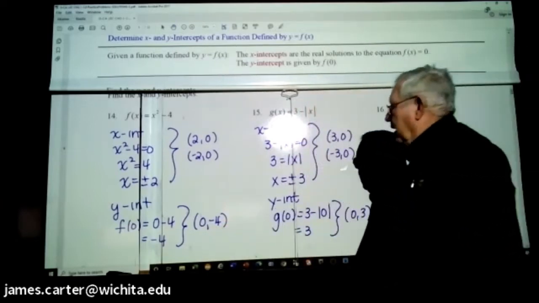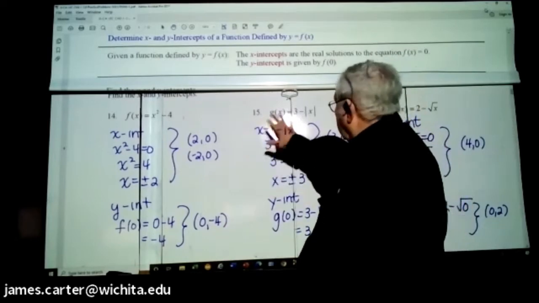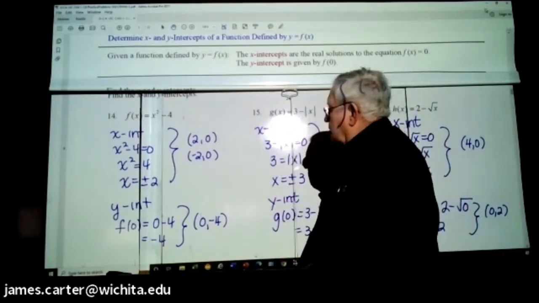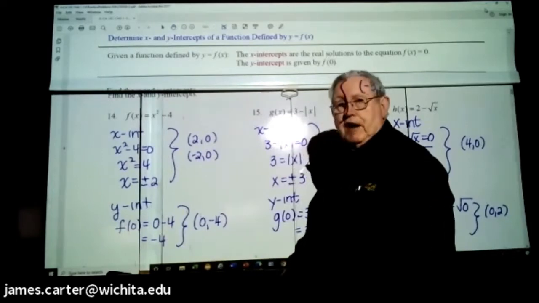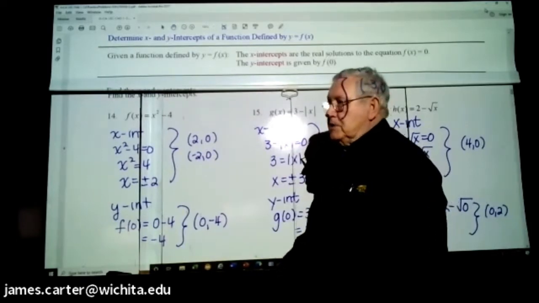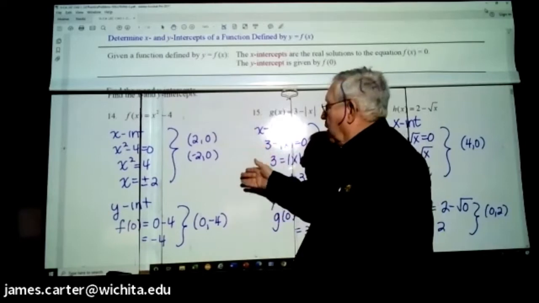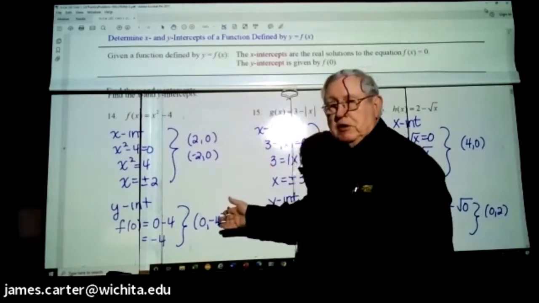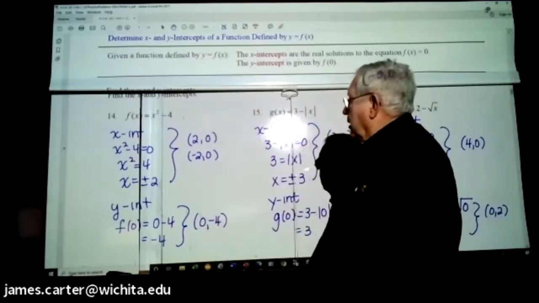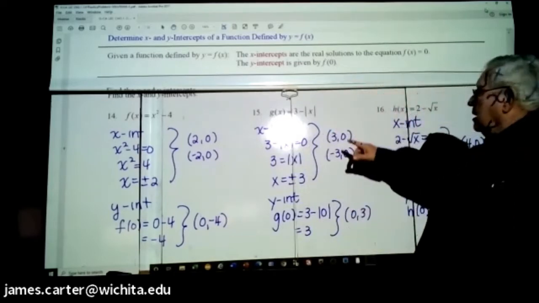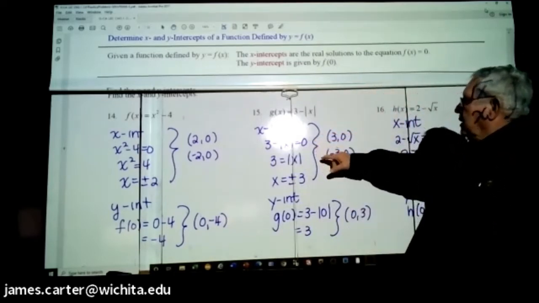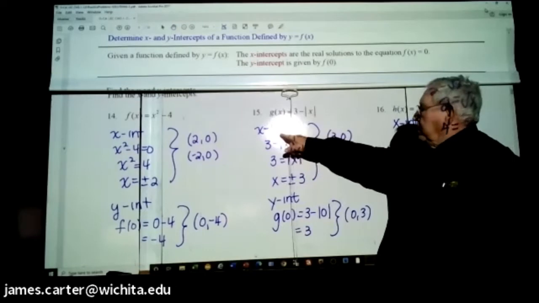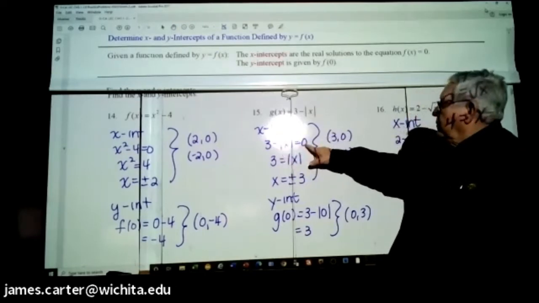On your test Monday, it'll give you a problem, something like maybe one of these three, and it'll ask you to identify the x and y intercepts, and you will have to identify which one is the x-intercept and which one is the y-intercept. Okay, number 15, again, we're going to replace y with 0.